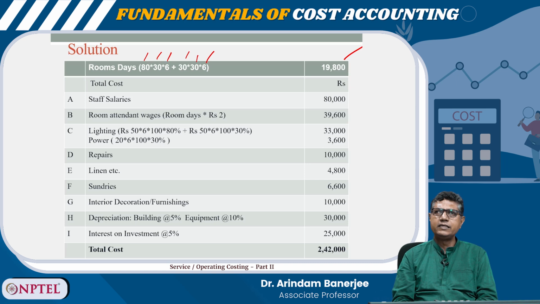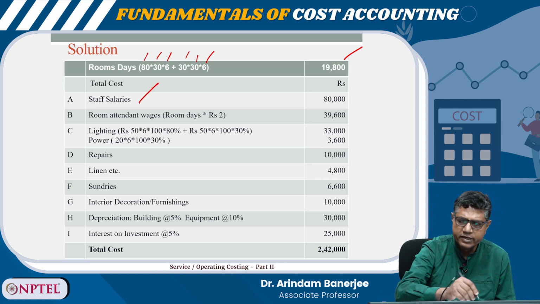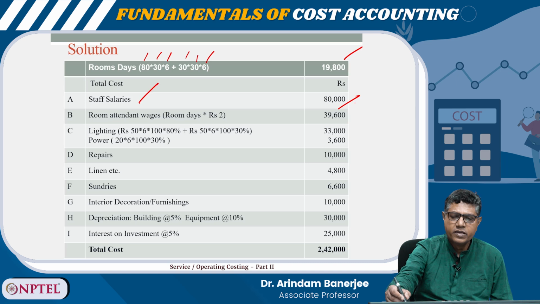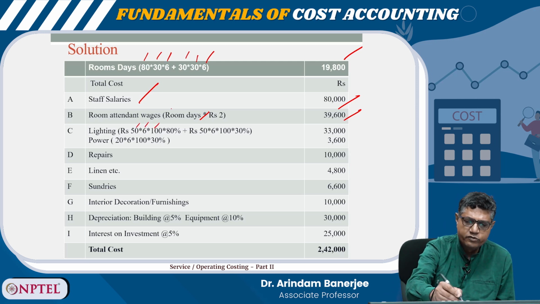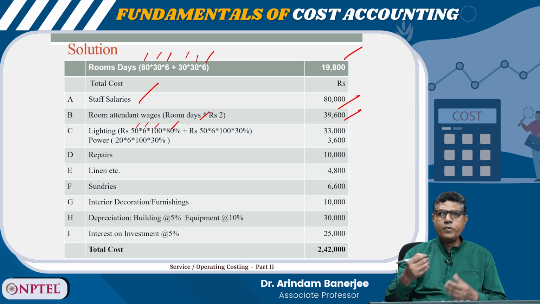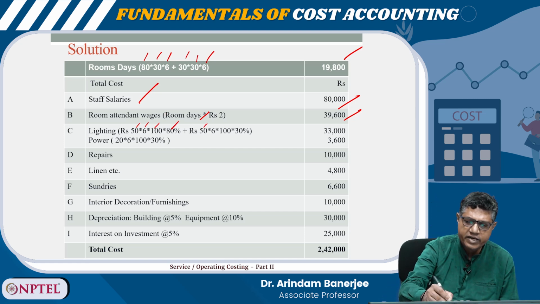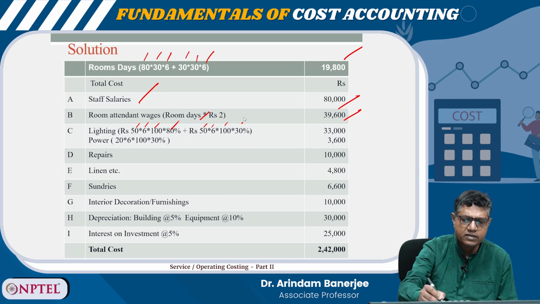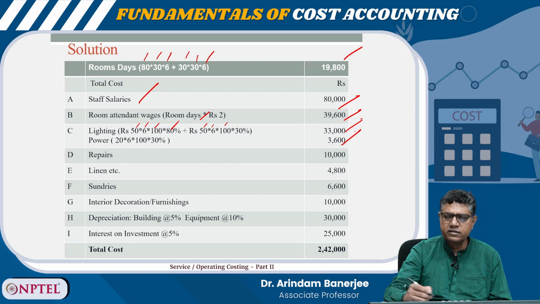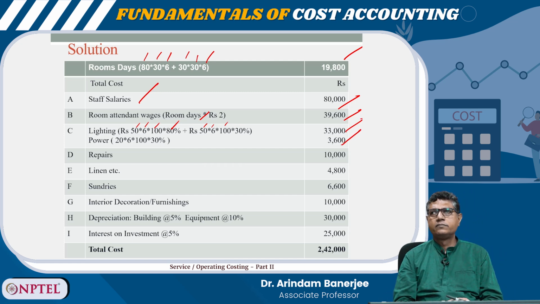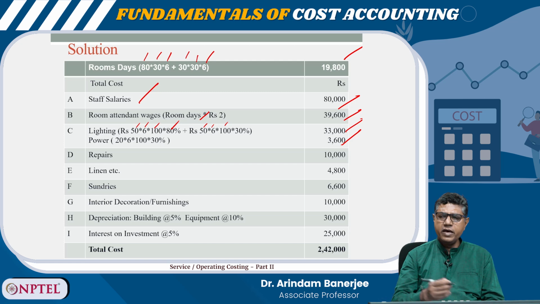Now, what are the salaries? First is of course staff salary, so it is 80,000. Room attendant wages 39,600. Lighting is 50 into 6 into 100 into 80%, because occupancy is 80%, and 50 into 6 into 100 into 30%. If I solve it, it comes to 33,000 and 33,600. Then repairs of 10,000.